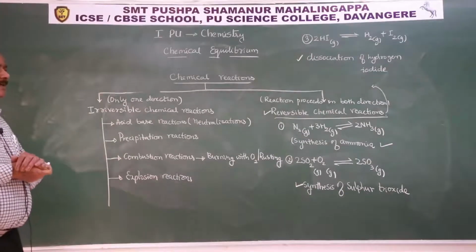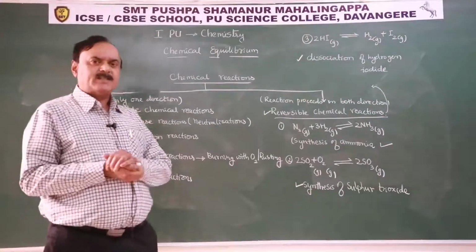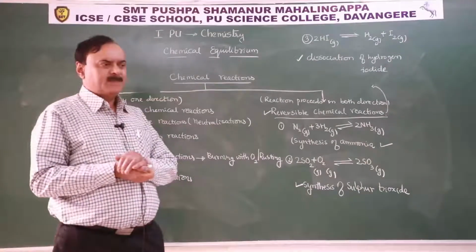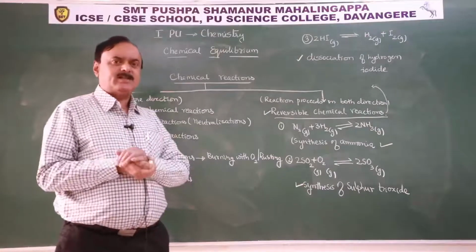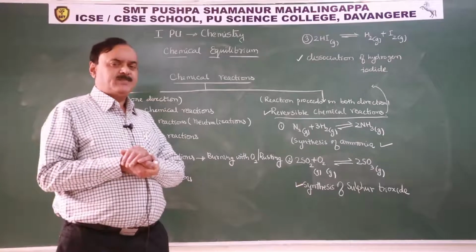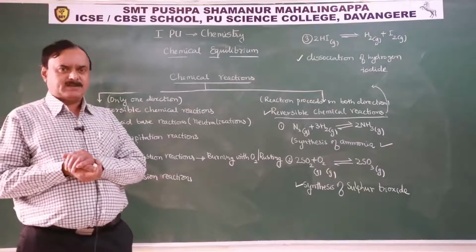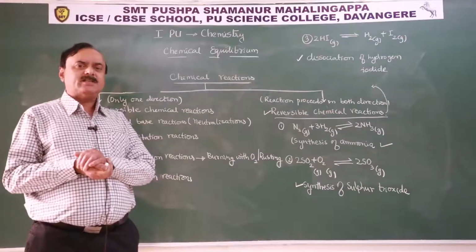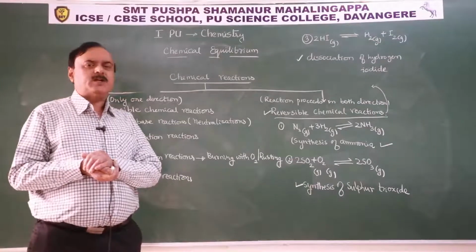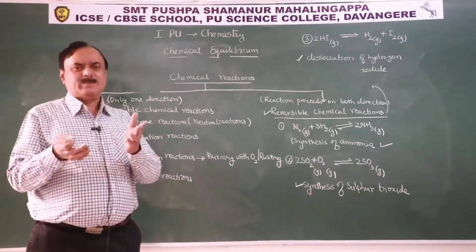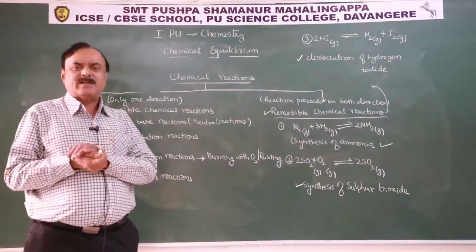In a chemical reaction, reactants react to give the products. At the same time, simultaneously, the products react to give back the original reactants. These types of reactions are called reversible chemical reactions. But for the reaction to be reversible in nature, the products should not be allowed to escape, and none of the products should be removed from the container.